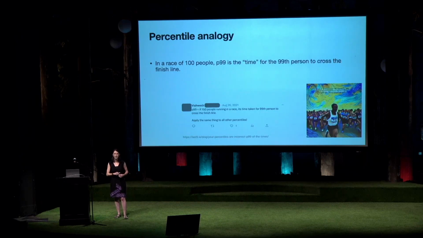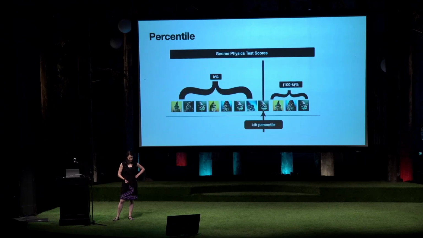I really like this analogy for percentiles. It says in a race of 100 people, P99 is the time for the 99th person to cross the finish line. And this is my half marathon percentile. So what is the kth percentile?